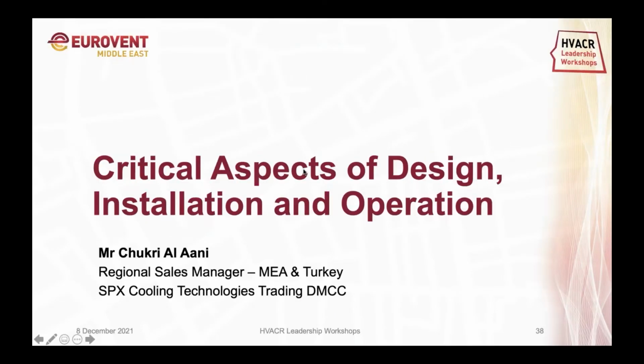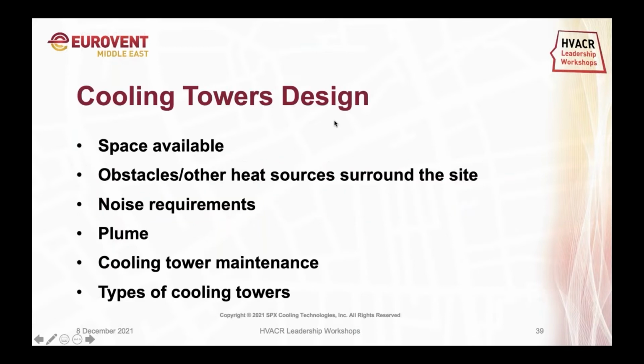The third part of today's presentation is the aspects of the design that need to be considered when designing any water-cooled system, correct? And those aspects are broken into these points. The space available, right? When designing any cooling tower system, in order to have an efficient system, these points need to be considered.